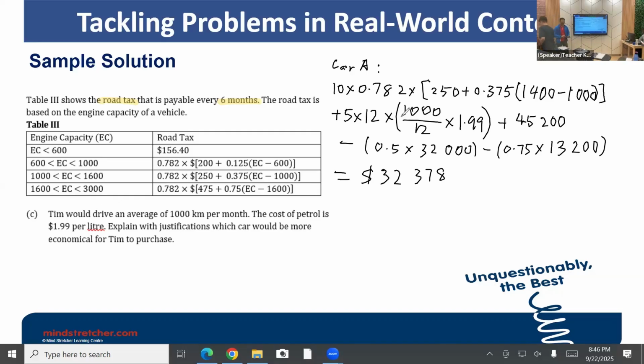Yeah, keyed wrongly. Yours is 21,000, right? Actually, it should be 21,000 for car A. Let me check for the car here.